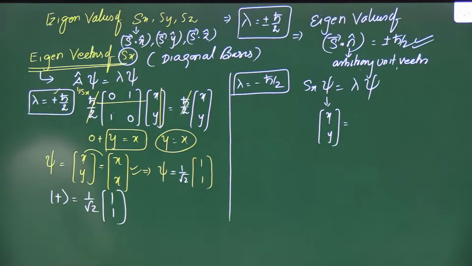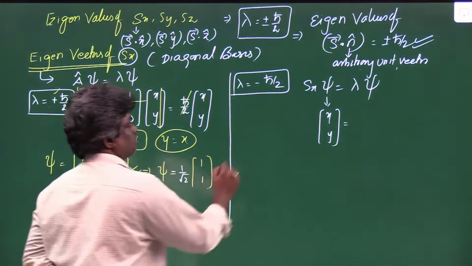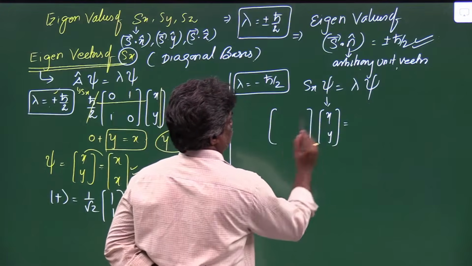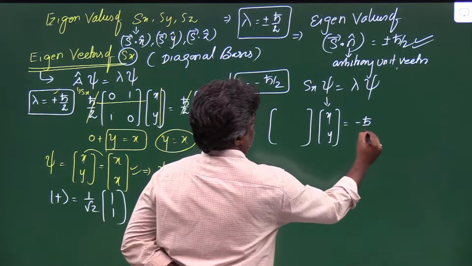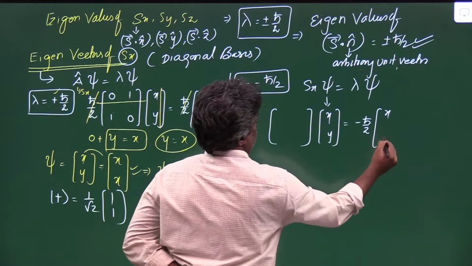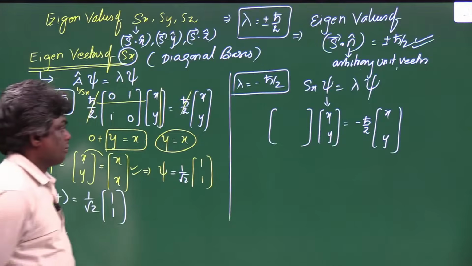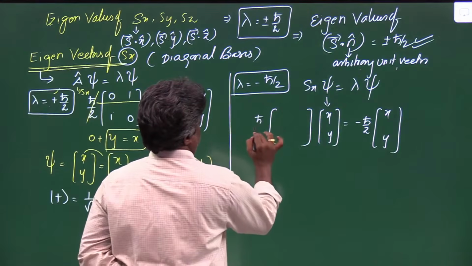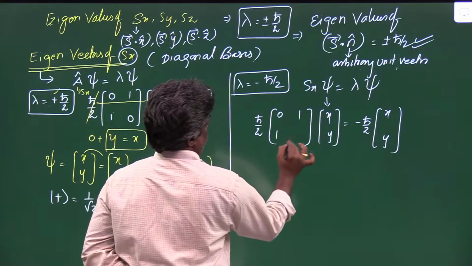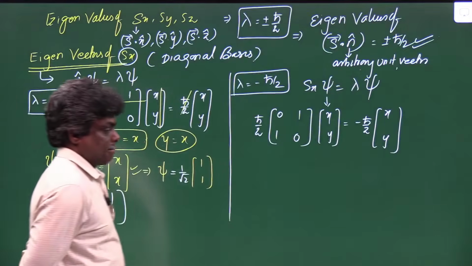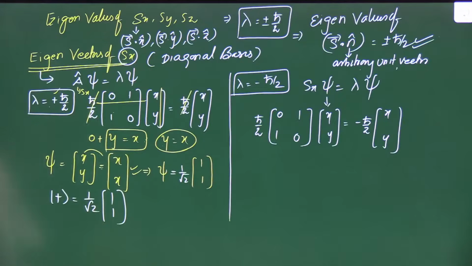Lambda is equal to minus h bar by 2. So Sx is h bar by 2 times the matrix 0 1, 1 0, acting on xy, equal to minus h bar by 2 xy.